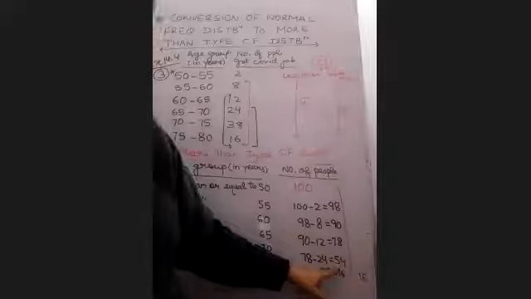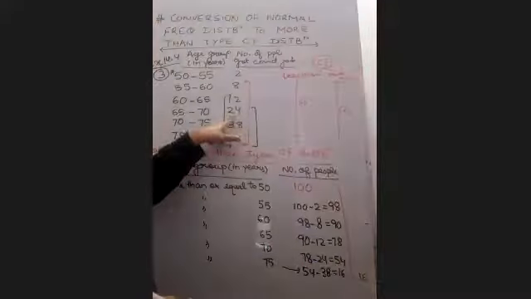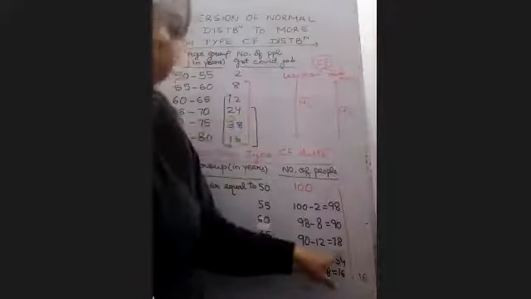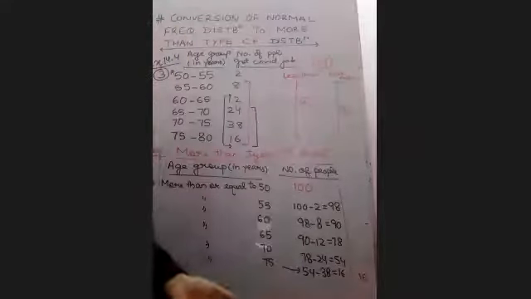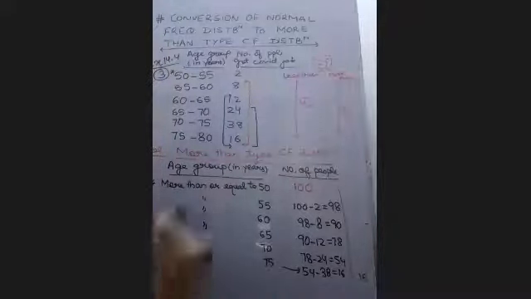So 16 plus 38 will give you 54. 54 plus 24 gives you 78. 78 plus 12 gives 90. 90 plus 8 gives you 98, and 98 plus 2 gives you 100. So both ways you can do. Clear? Yes, ma'am. You may please note it down. Please pause.